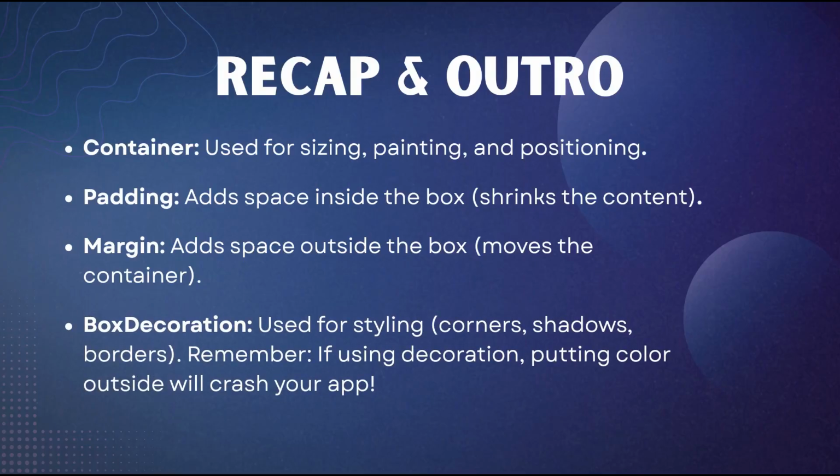Box decoration. You use it for styling. You can have corners, shadow borders, you can have colors. And the most important thing, remember that if you're using a decoration, then all the decorative properties such as color will have to be inside box decoration. So if it's outside your box decoration, your app will crash.